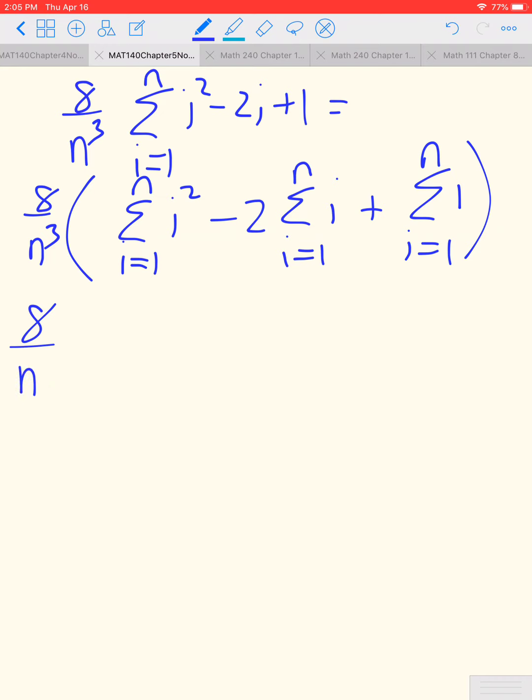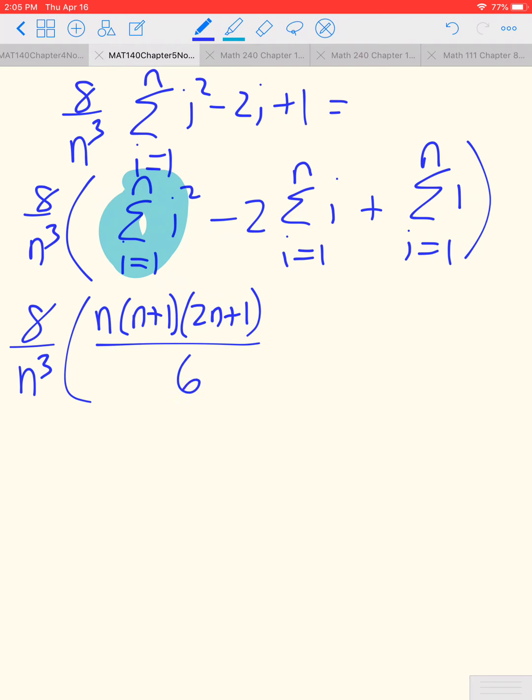From earlier in this section, we have a summation rule for each one of these. For example, if you go back through your notes, the sum from i equals 1 to n of i squared was n times n plus 1 times 2n plus 1, all divided by 6.